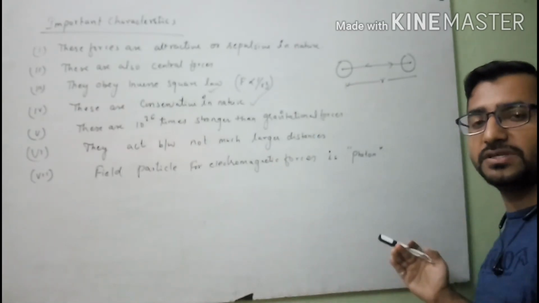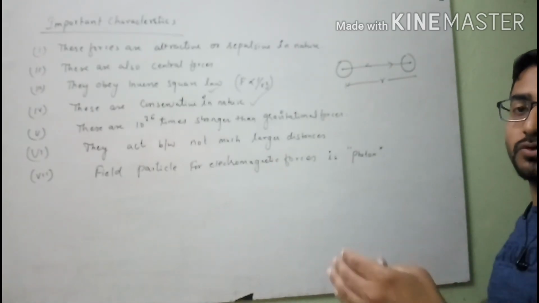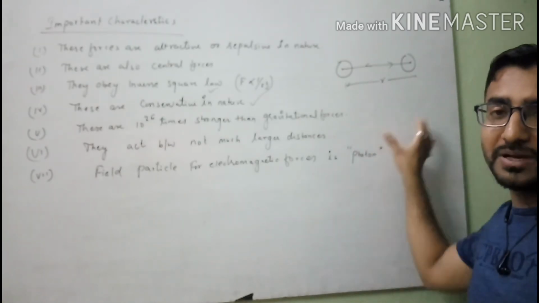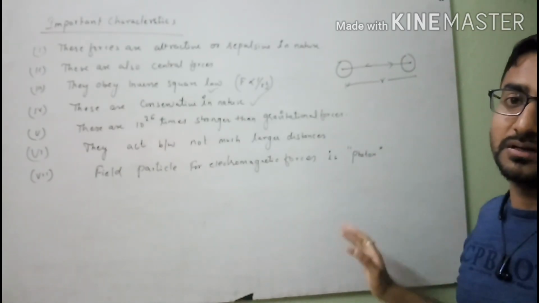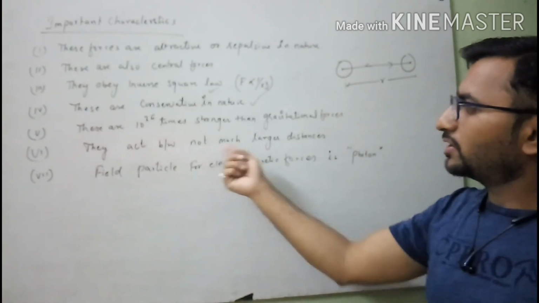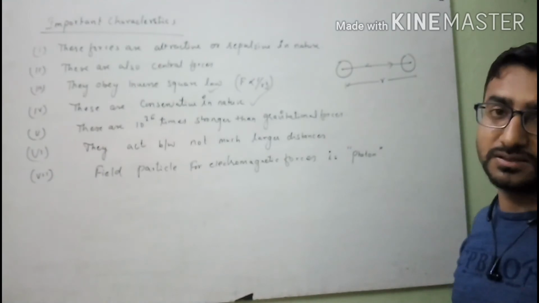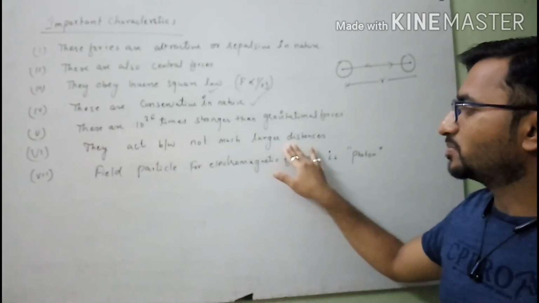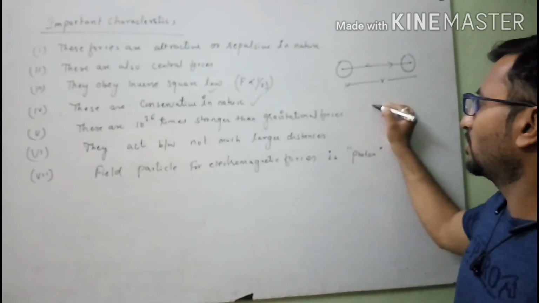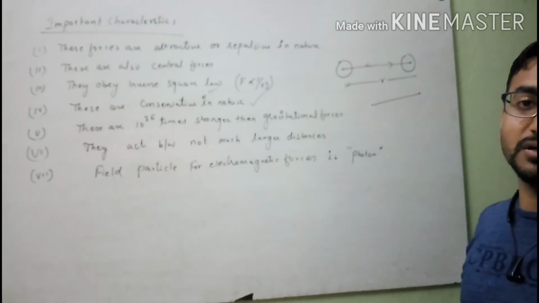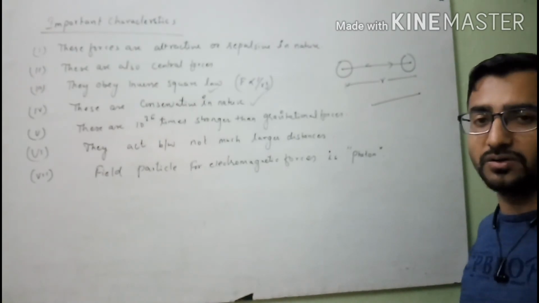They are not applicable for very long distances. Clear, student? So this is applicable at not much larger distances, such as sufficient distance, 1 meter, 50 centimeter and so on.